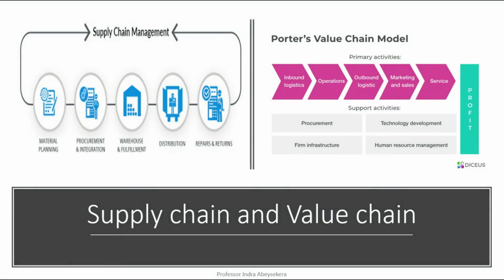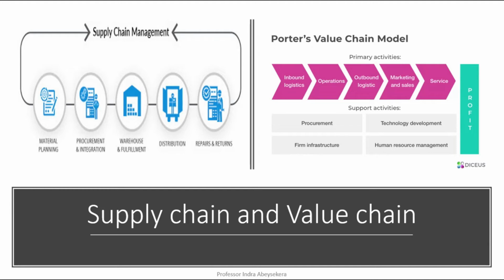There are 5 components of primary activities: inbound logistics, that is something like material procurement; operations such as production; then outbound logistics such as distribution; then marketing and sales; and then service such as repairs and returns. The chain is supported by support activities such as procurement, technology development, firm infrastructure, and human resource management.